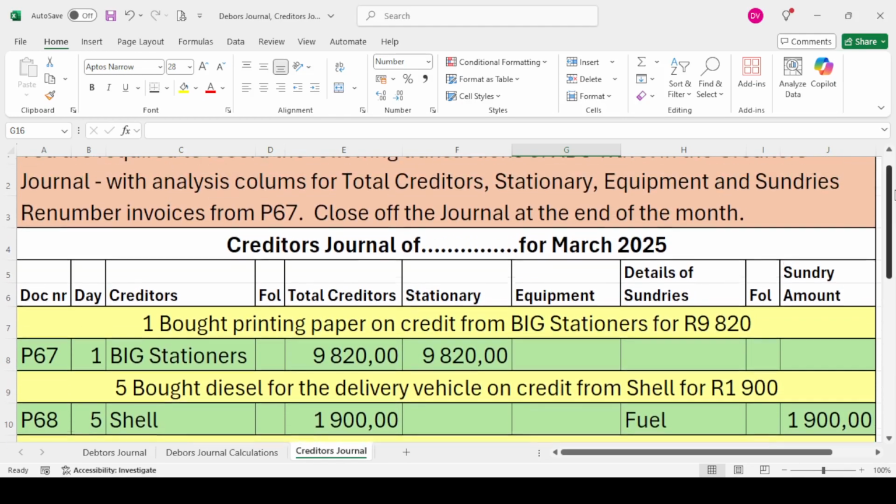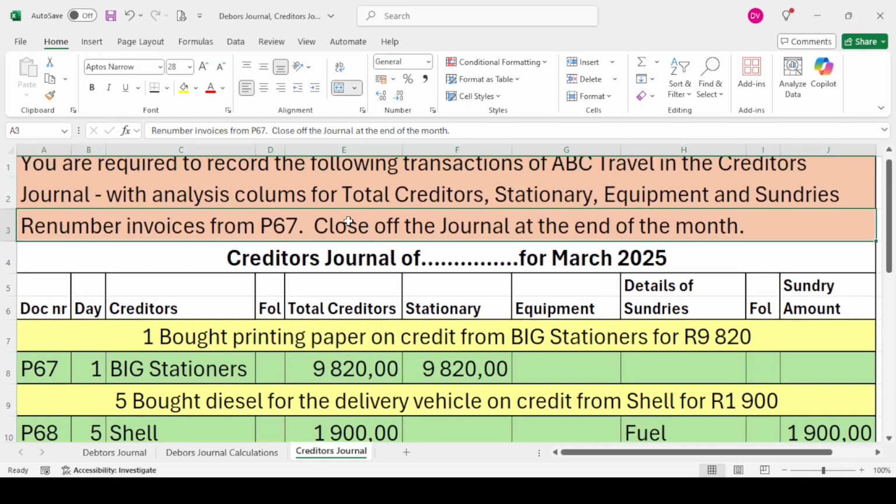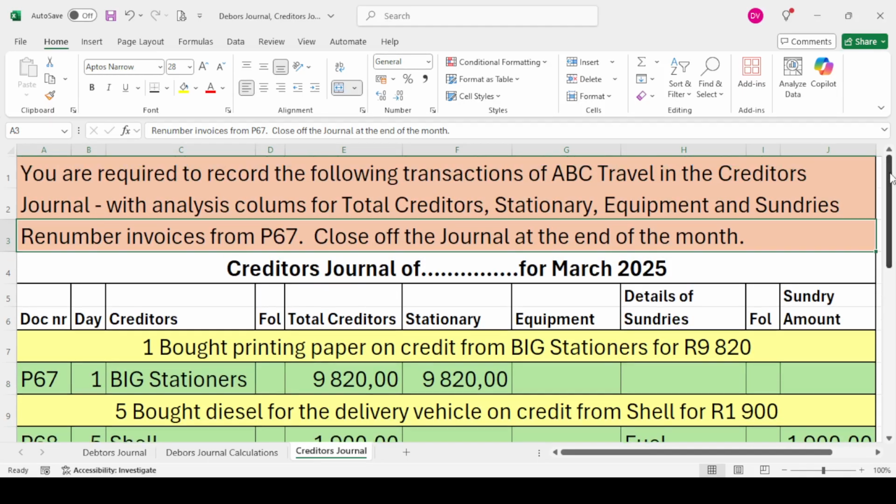Part of the instructions at the top was close off the journal at the end of the month. So you'll remember from the cash receipt and the cash payment journal videos that I showed you, when they say you have to close off the journal, it simply means that you have to add up all of the values in that specific column.